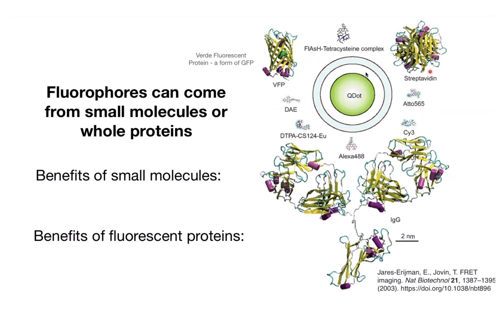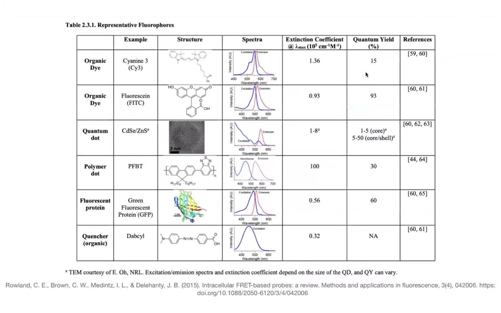This is streptavidin, our good friend, which remember binds to biotin really, really tight. So this is just showing you the scale of different molecules. Here are some examples. You can have various dyes as well as various proteins, and each of these will have a characteristic absorbance and emission wavelength.